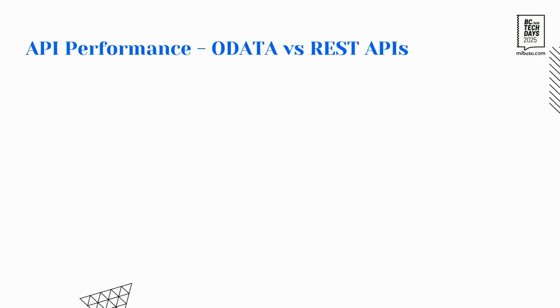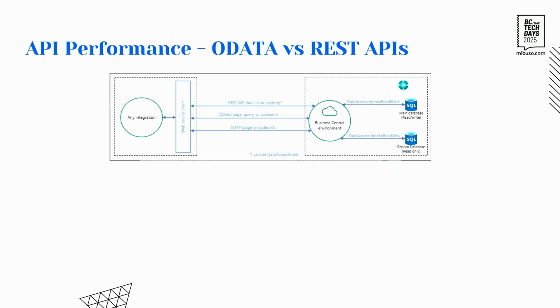So while we are talking about OData web services and while we are talking about Edit in Excel, it's also important to mention other types of APIs that Business Central supports. You remember the diagram that I showed? There are three possible technologies that you can use to integrate with Business Central. One is REST API, another is OData, and third is SOAP.